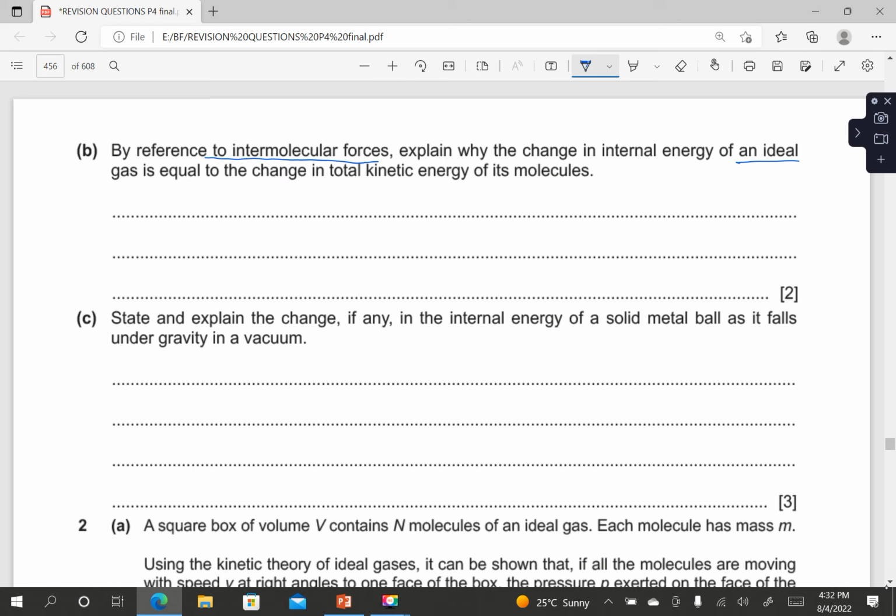So change in internal energy is equal to kinetic energy plus potential energy. But for an ideal gas, there are no intermolecular forces, so no potential energy.